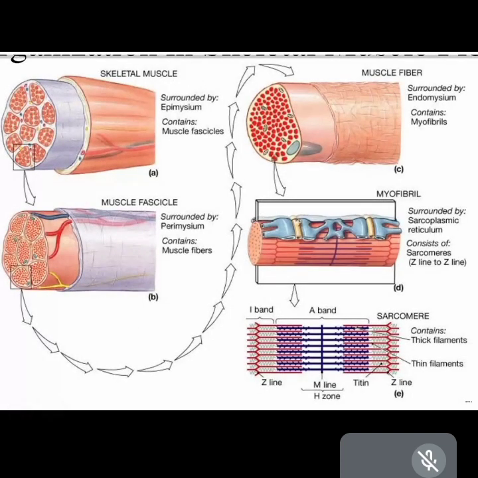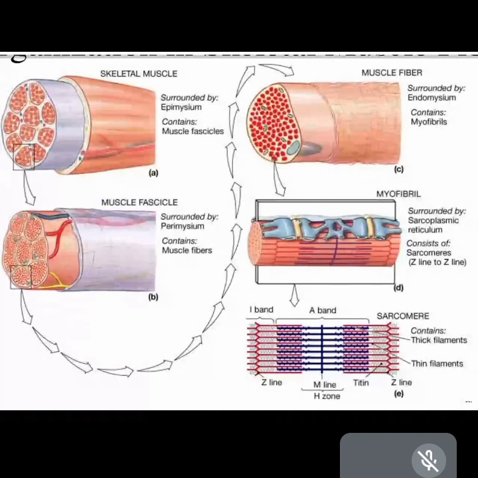So the entire skeletal muscle is covered by the epimysium. And then each of these, this is the muscle fascicle, this is covered by the perimysium, which contains the muscle fibers. And then the small dots here, it becomes like this. So individually, they are surrounded by the endomysium, which contains the myofibrils.